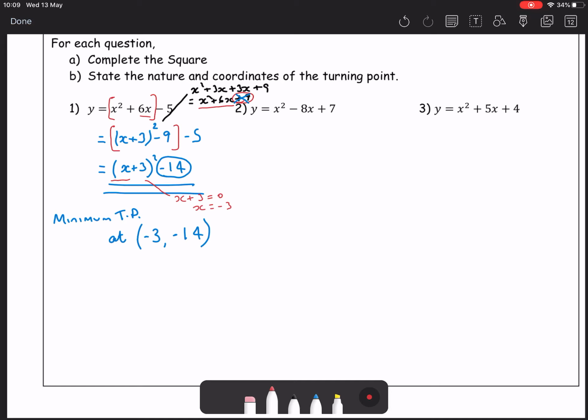In example 2, again, I'm going to look to rewrite the first part involving our x squared and x terms. The plus 7 will not change.